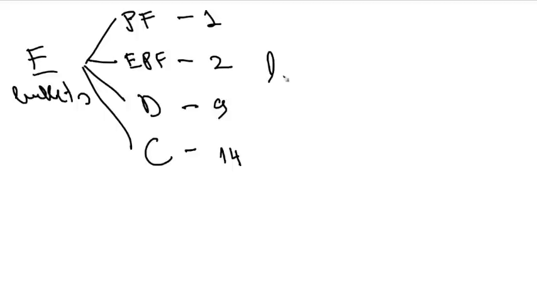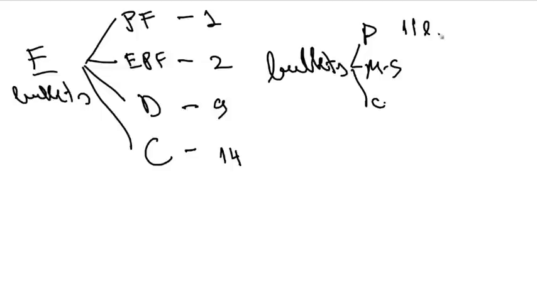Now, the bullets. Where do you get these so-called bullets? Well, there are 3 varieties of bullets: psychiatric, musculoskeletal, and constitutional. In psychiatric, you have 11 bullets. In musculoskeletal, you have 2 bullets. And in constitutional, you have again 2 bullets.